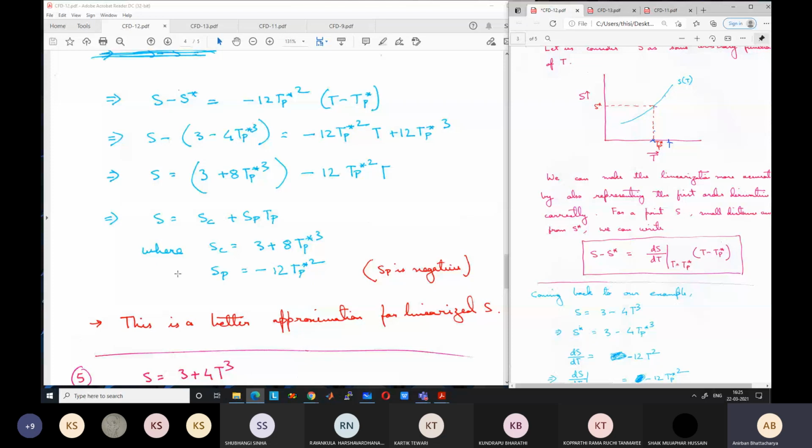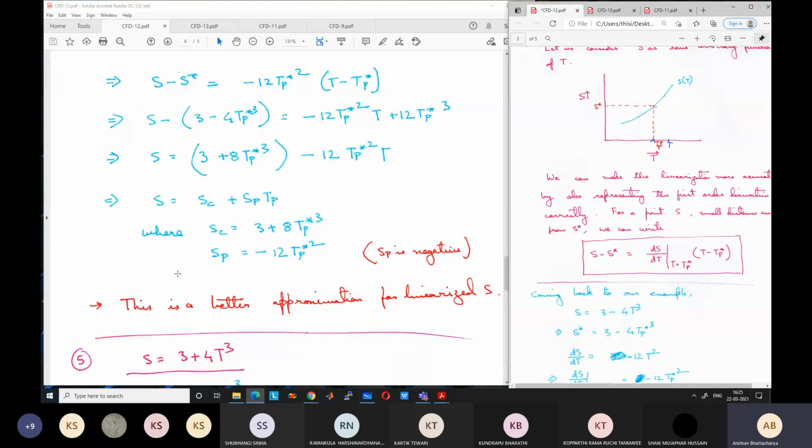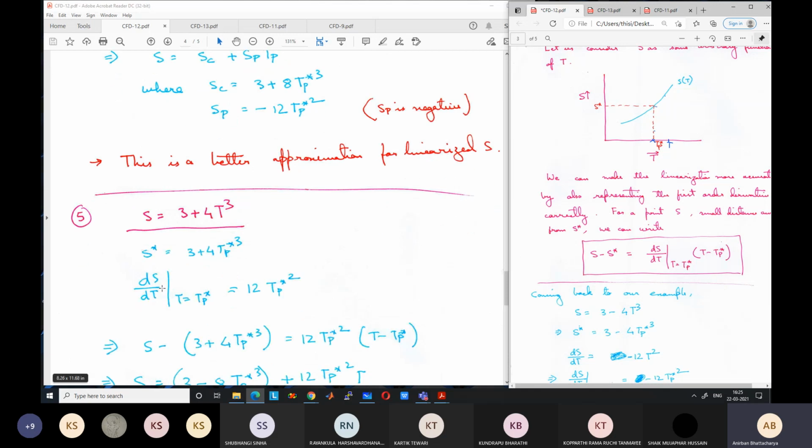So what about the next option? Say S is equal to 3 plus 4T cube instead of minus 4T cube. In this case, what is the best option? Let us do a linearization. S star is equal to 3 plus 4 Tp star cube, and dS/dT at T equal to Tp star is equal to 12 Tp star square.